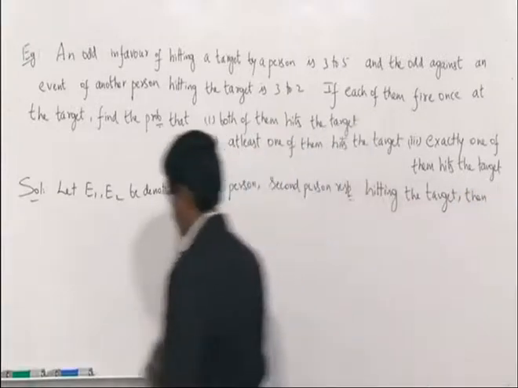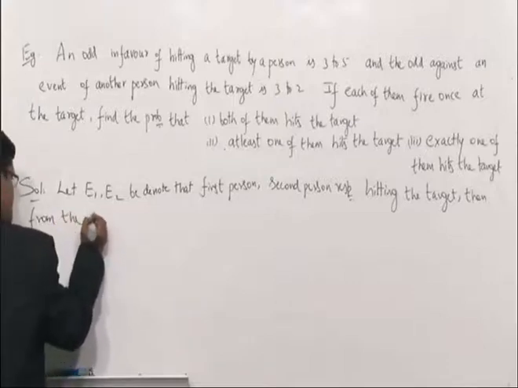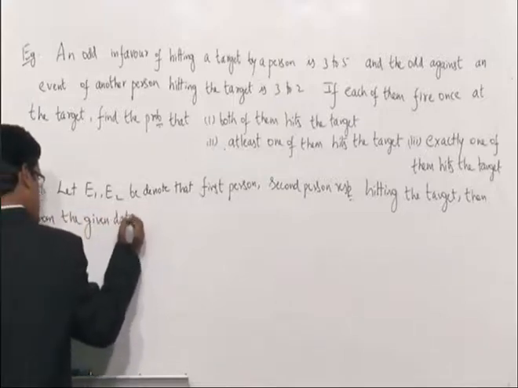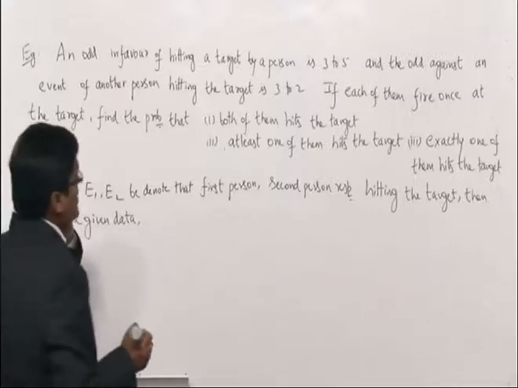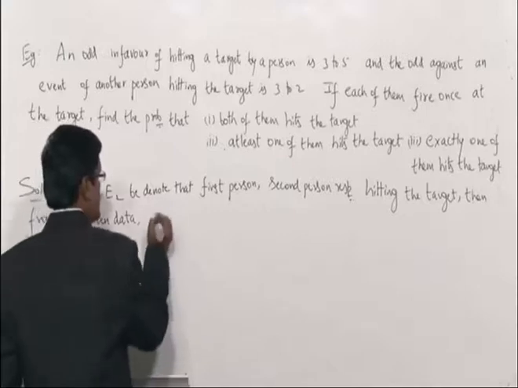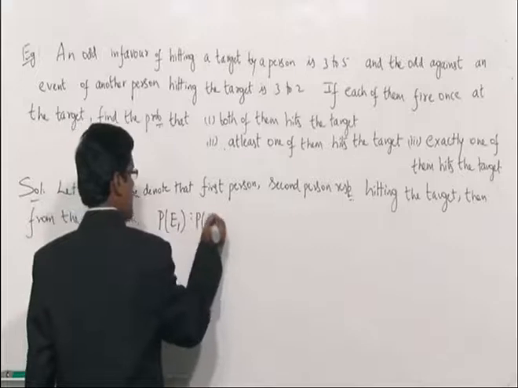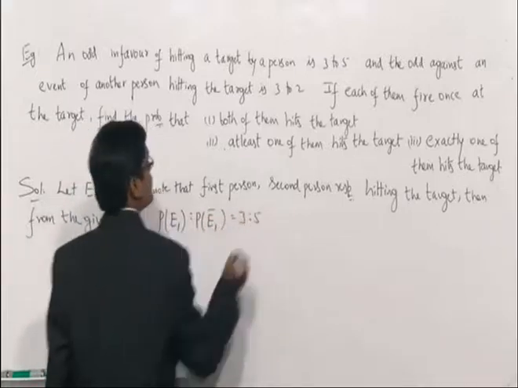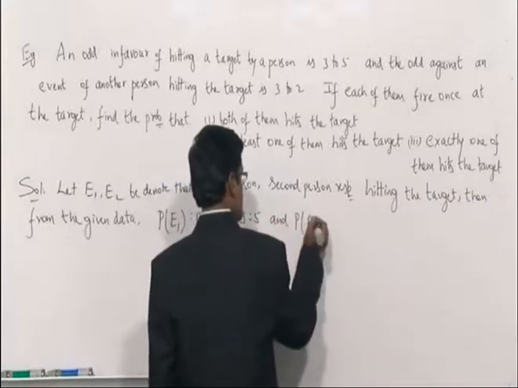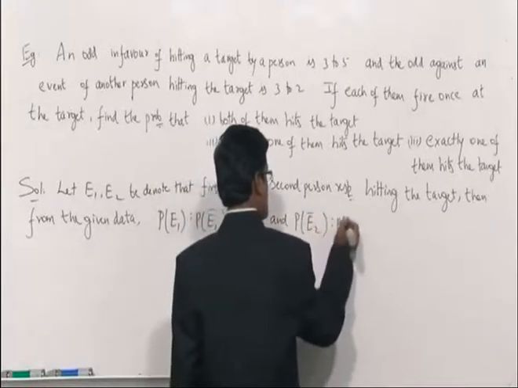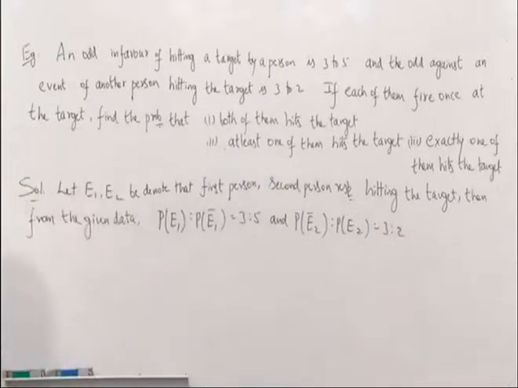Then from the given data, the first person is given in favor and the second person given against. P of E1 ratio P of E1 bar is equal to 3:5. And against the second person, P of E2 bar ratio P of E2 is equal to 3:2. This is the data given.